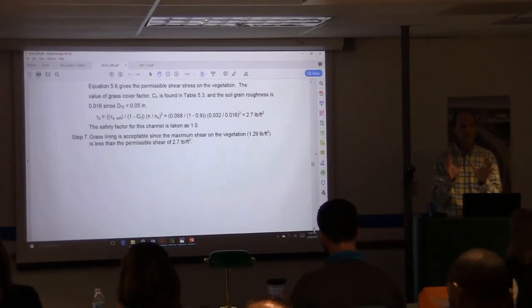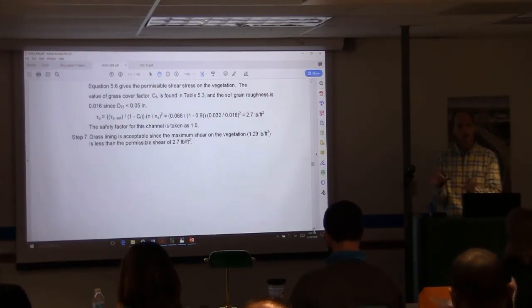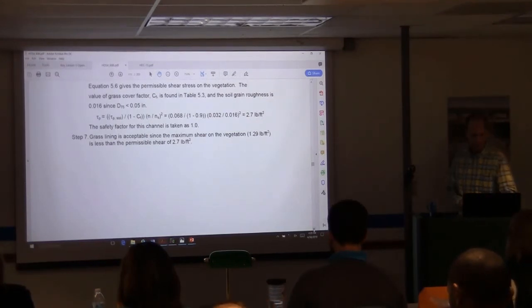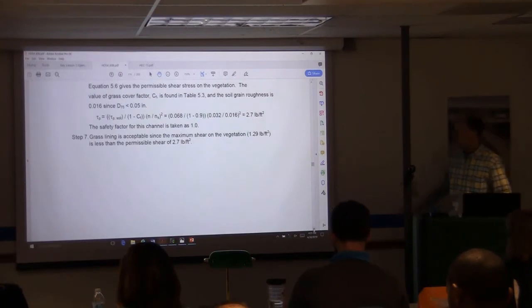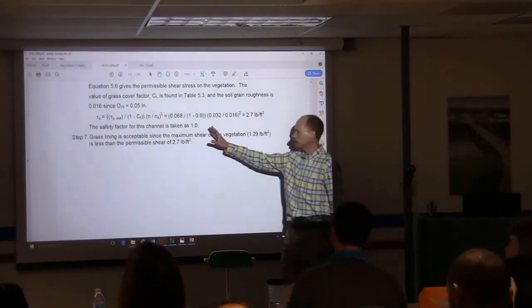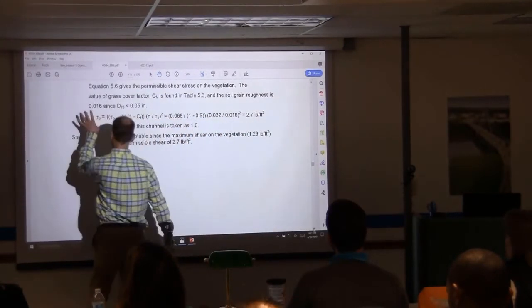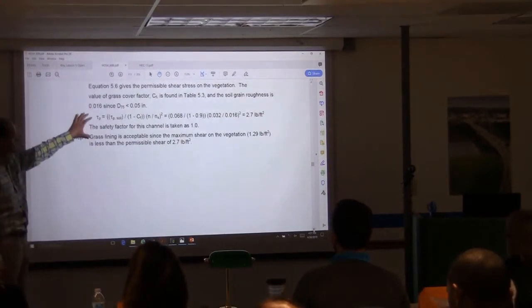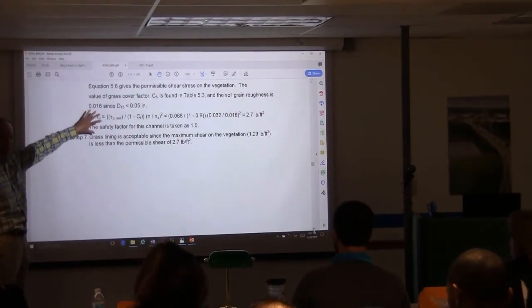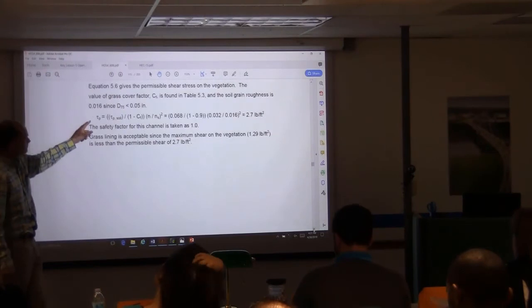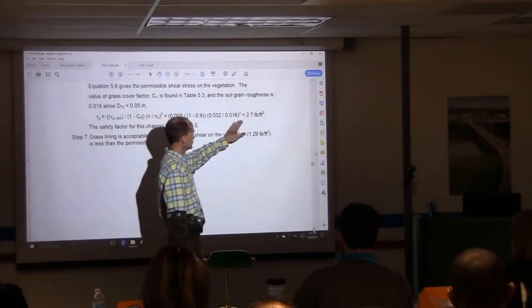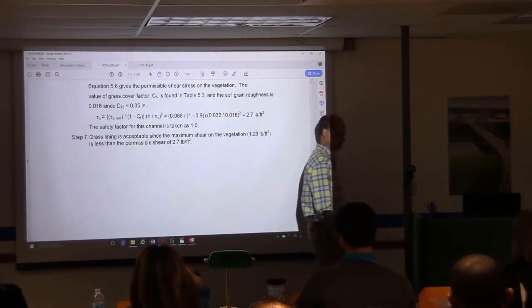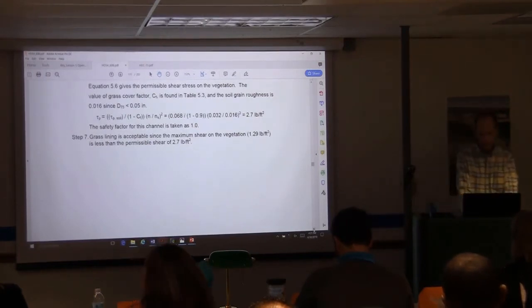It's tabular values that you pull out of HEC 15 or another type of resource document. So you do a plug and chug, and you get the final permissible shear stress for your vegetation in this specific clayey, sandy soil, and it comes out to be 2.7 pounds per square foot. Okay, so that's the permissible.